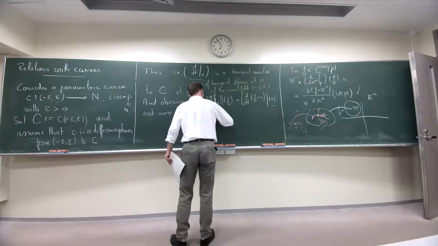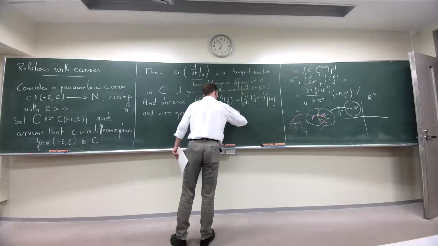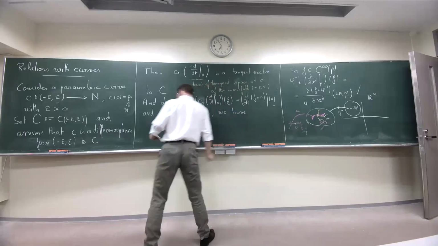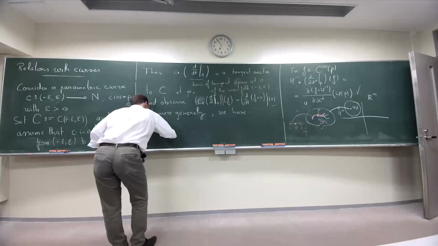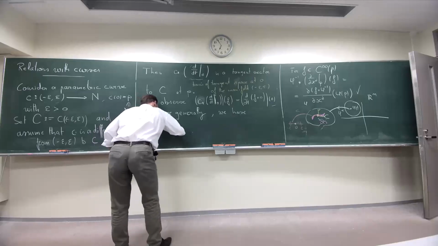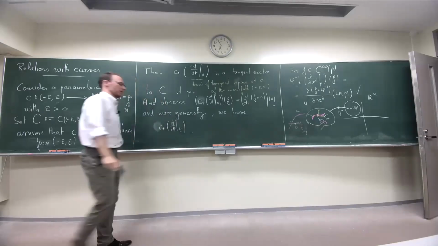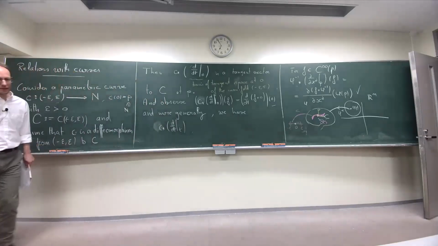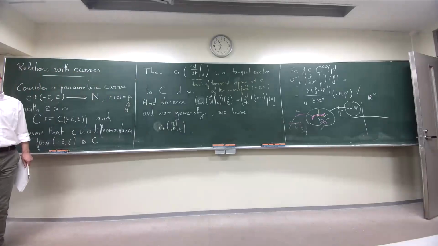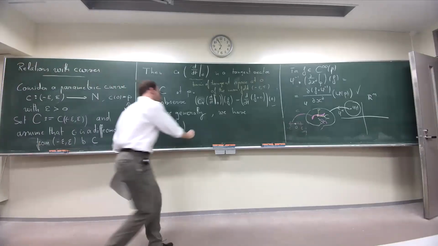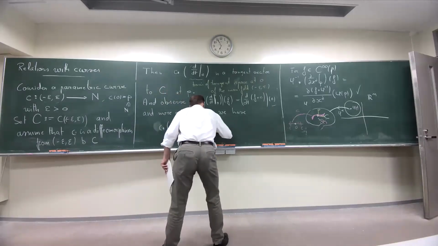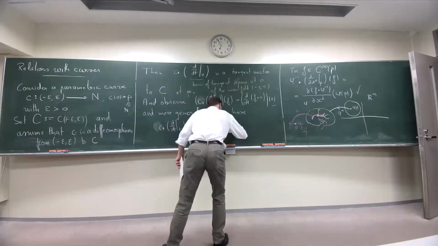I want to consider small c, C star of d over dt evaluated at t. Where is this t? T has to be inside this small interval minus epsilon, epsilon.